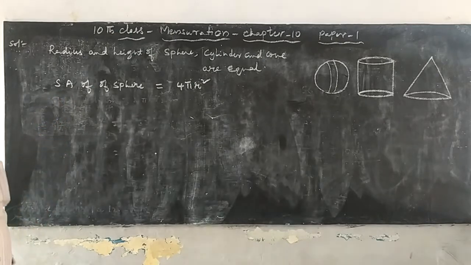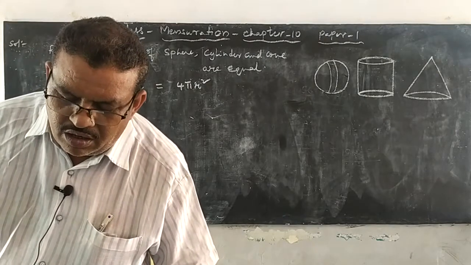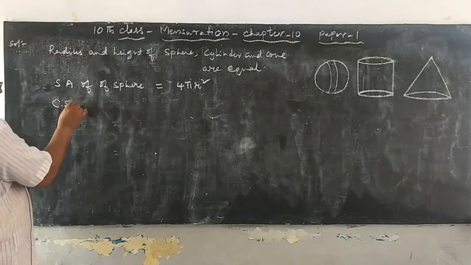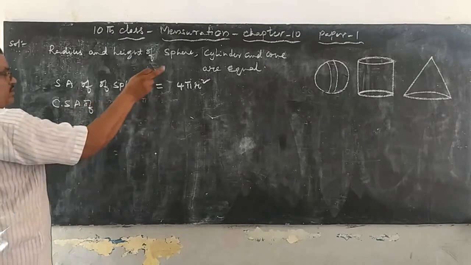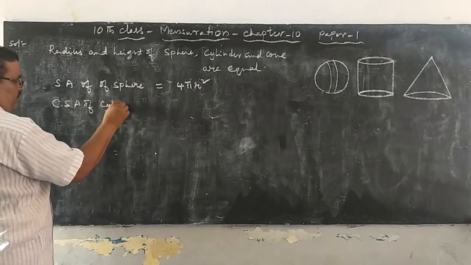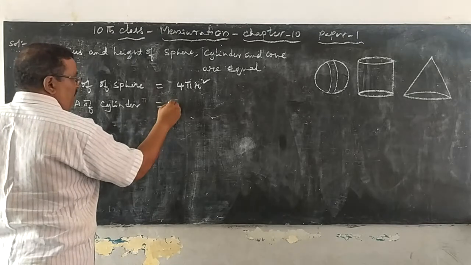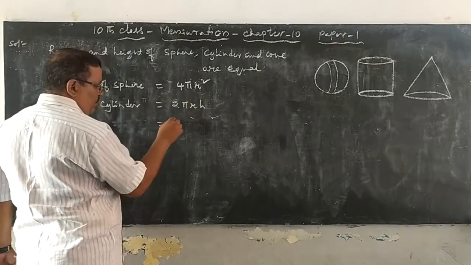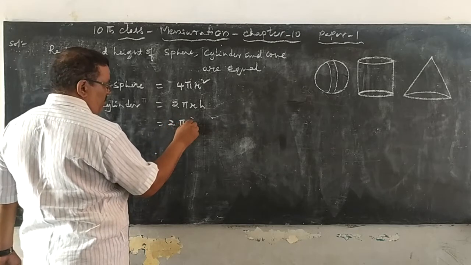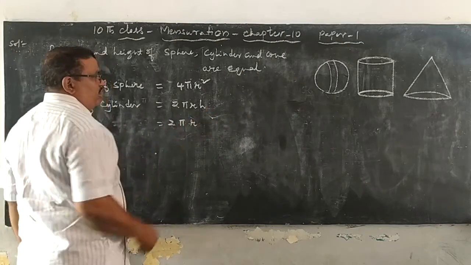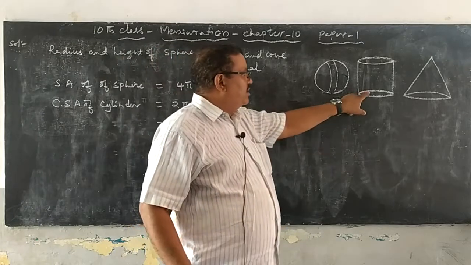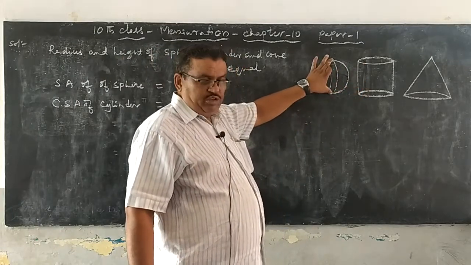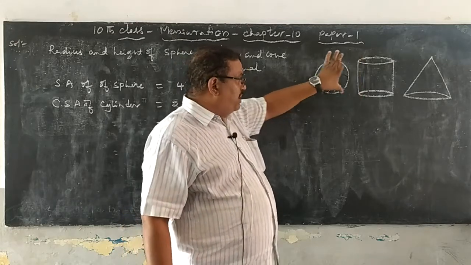Next, in the problem, what is given? Find the ratio of curved surface areas. Now the CSA of the cylinder. The formula is 2 pi r h. Here, this height is nothing but the diameter of the sphere.